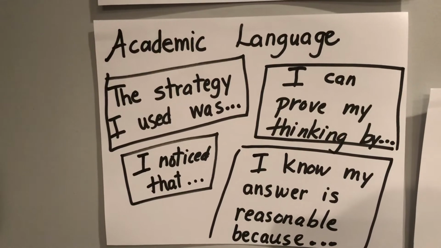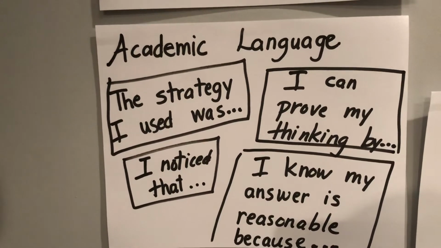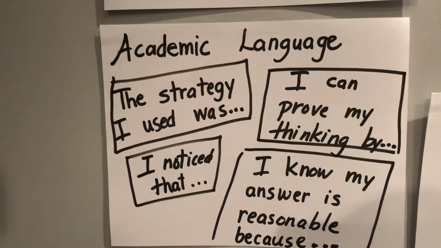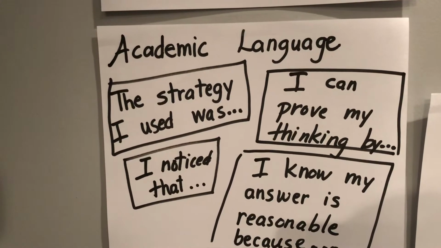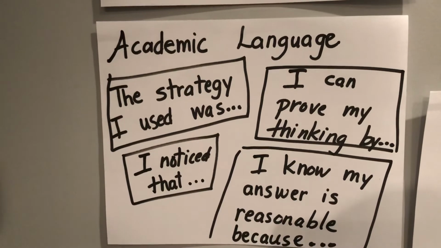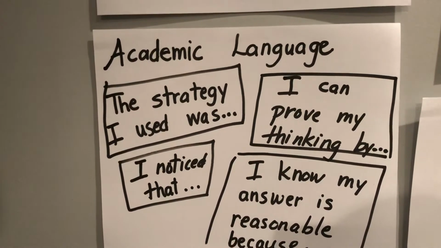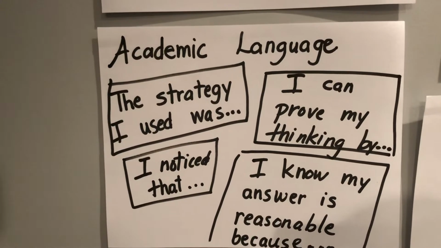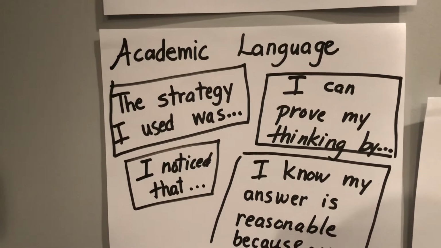These are all examples of academic language. Academic language is different than casual talk, like you would use at recess on the playground. Academic language is used for math class when we want to prove how intellectually smart we are.